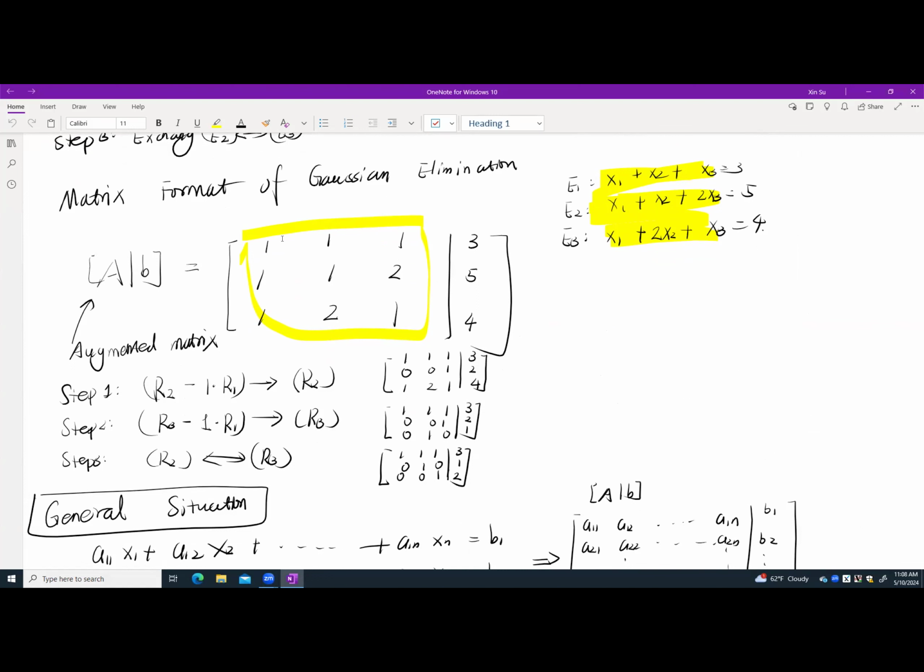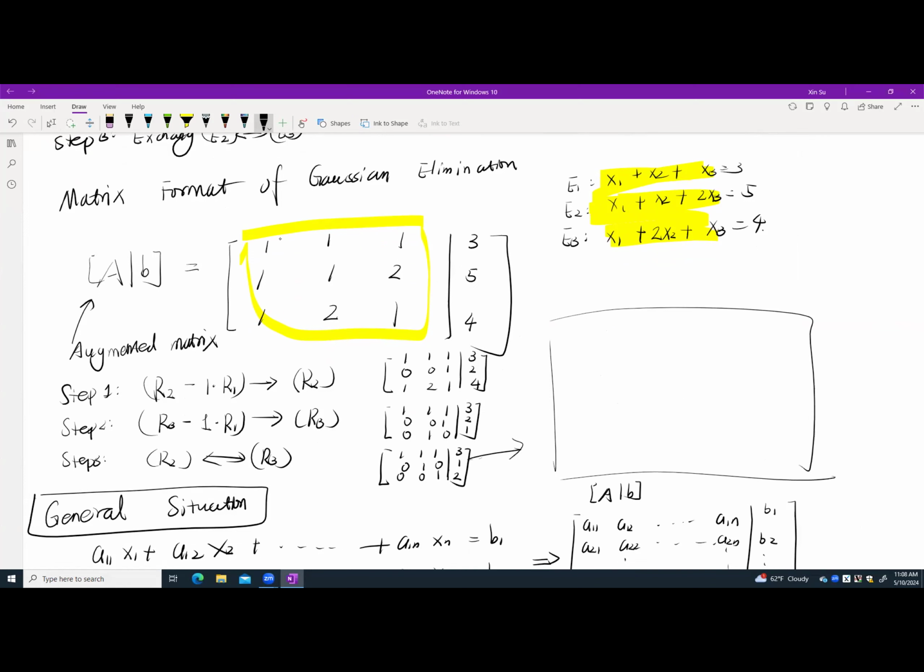Once you get to this part, you use backward substitution to solve this linear system of equations, solving for x1, x2, x3.